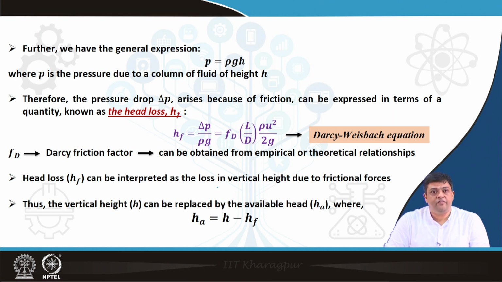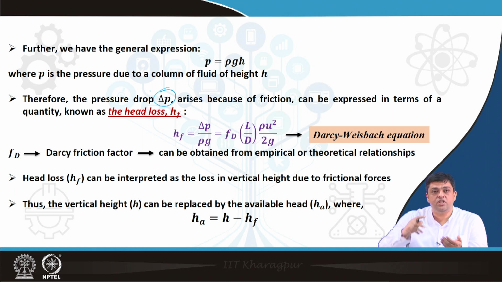As we have discussed, the general equation of pressure is rho g h, and what did we talk about? The pressure drop delta P that arises because of what? The friction. Friction between what?